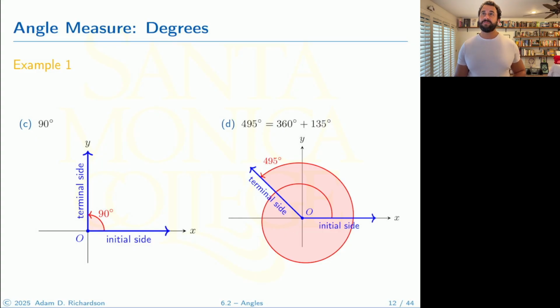So you wouldn't say something like, oh, here's an example, you wouldn't say 1.5 is equal to 0.5, right? So even though they both have a decimal representation that has a point 5 in it, that doesn't mean they're the same number. So 495 is not equal to 135, even though the rays coincide. All right, just keep that in mind.